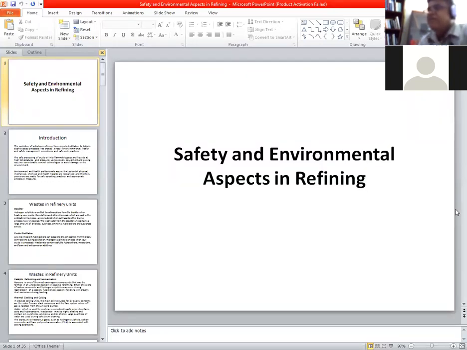SOx stands for sulfur oxides such as sulfur dioxide, and NOx for nitrogen oxides such as nitrogen dioxide. These are harmful gases. If nitrogen dioxide is emitted to the environment, it may also form ozone, which is harmful for the environment. In other words, nitrogen dioxide or sulfur dioxide are general effluents or emissions from a refinery.